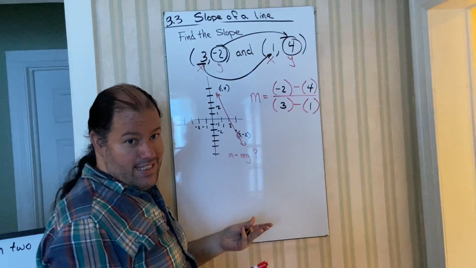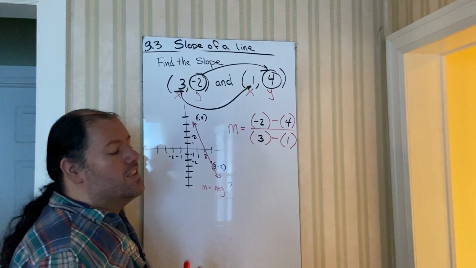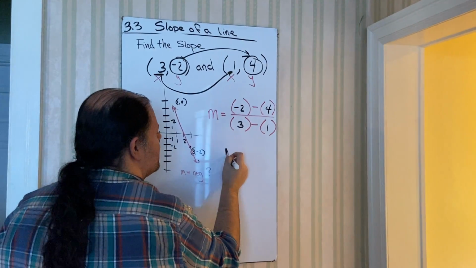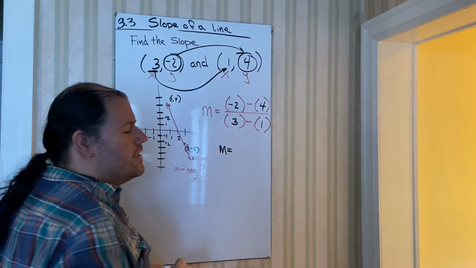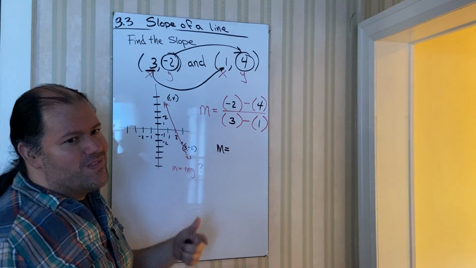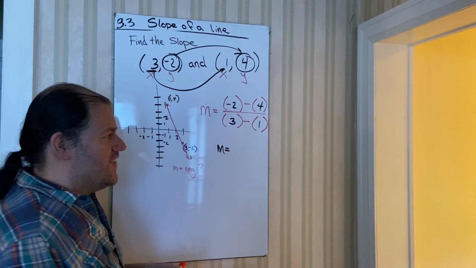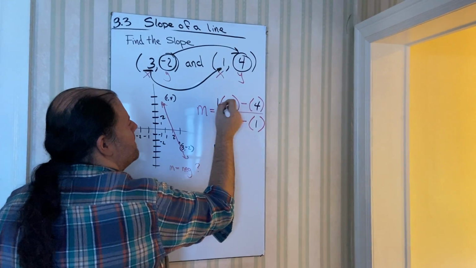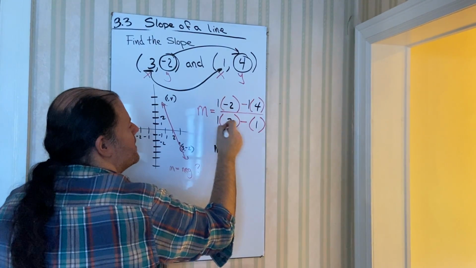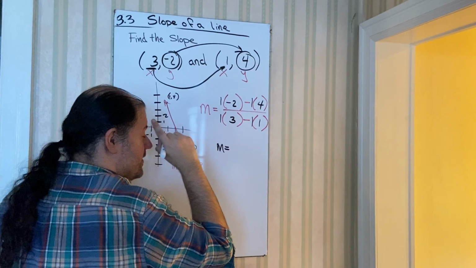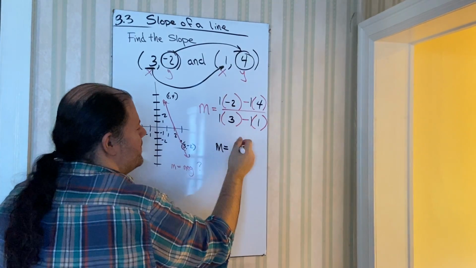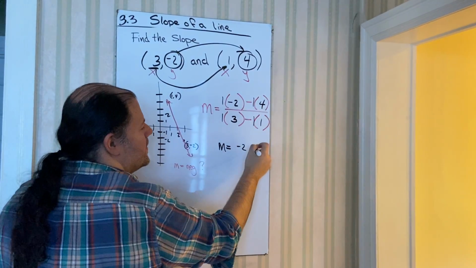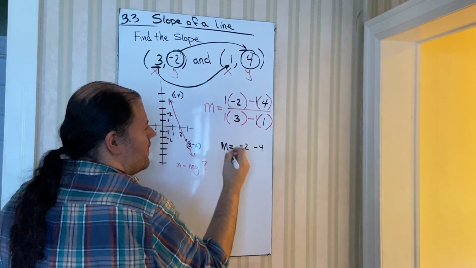Once you plug this in, now you're going to simplify. How do you simplify? We talked about this multiple times. To simplify, we always remove parentheses first. Then we collect. So if I slip in little imaginary 1s, because you don't see any number in front of the parentheses, 1 times -2 is -2. -1 times a +4 is now -4.